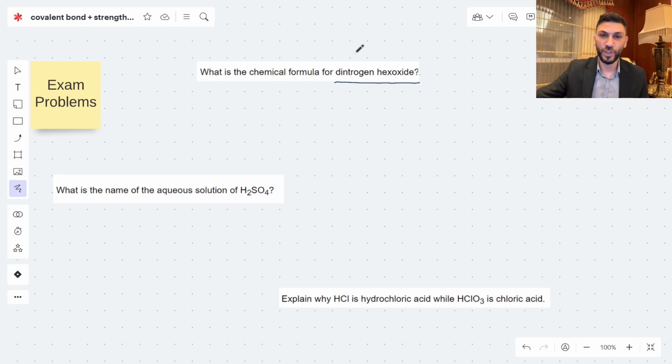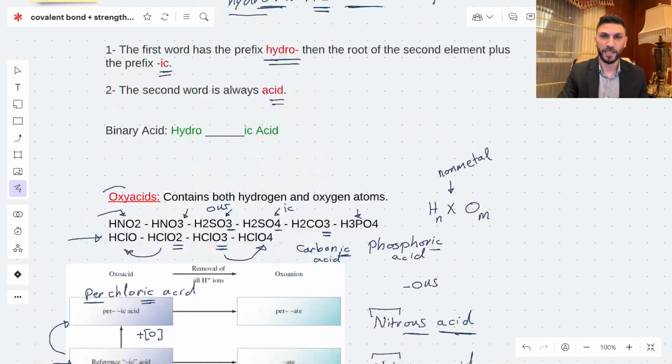So it's dinitrogen, and we didn't change the first element, so it's going to be N. And because it's dinitrogen, di refers to number 2, so it's going to be N2. Hexoxide, hexa, it comes from the number 6, and oxide, it came from oxygen, so it's going to be O6. Let's double check.